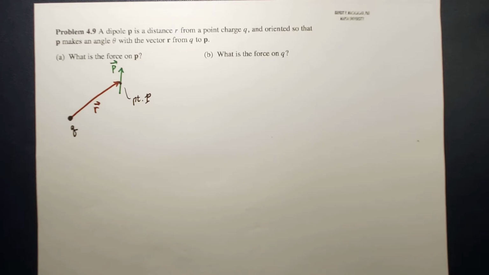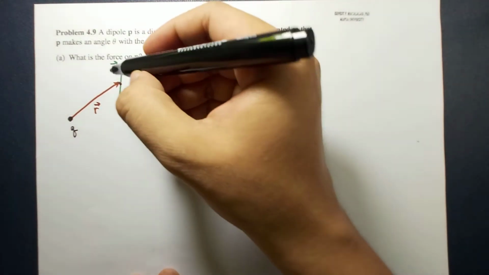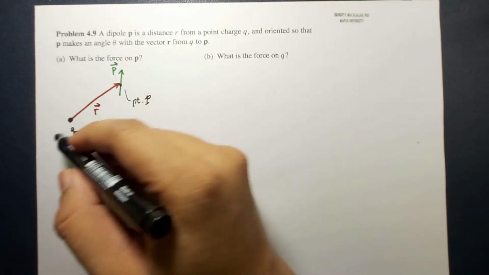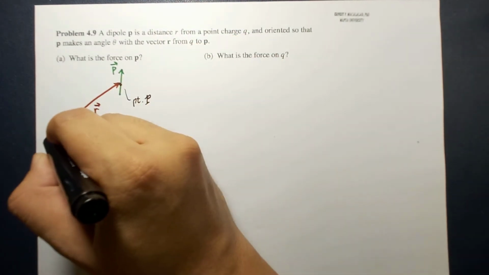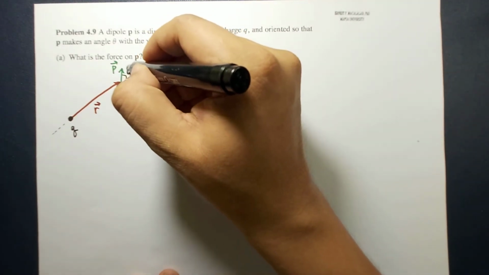In general, this dipole moment P makes an angle theta with respect to the vector r. This is your vector r, the line along vector r, and this is theta.